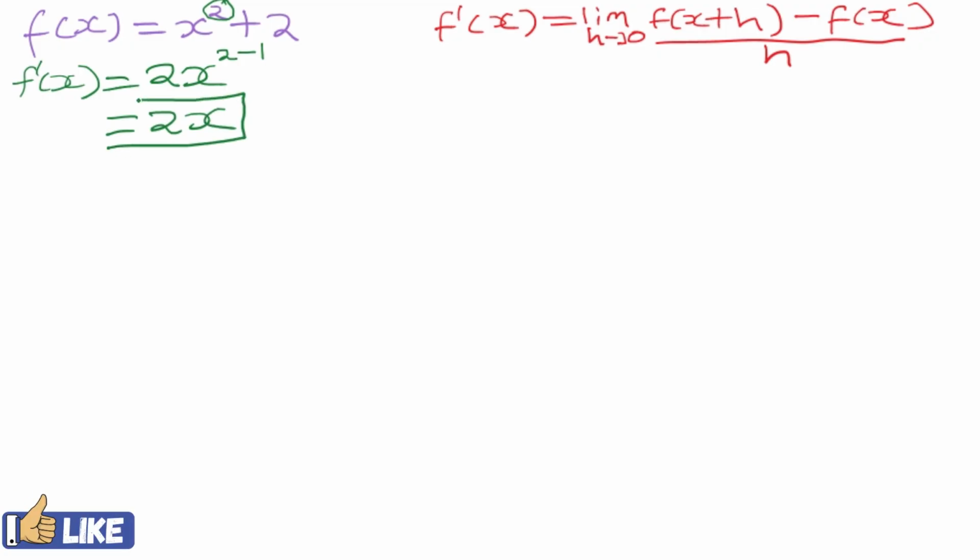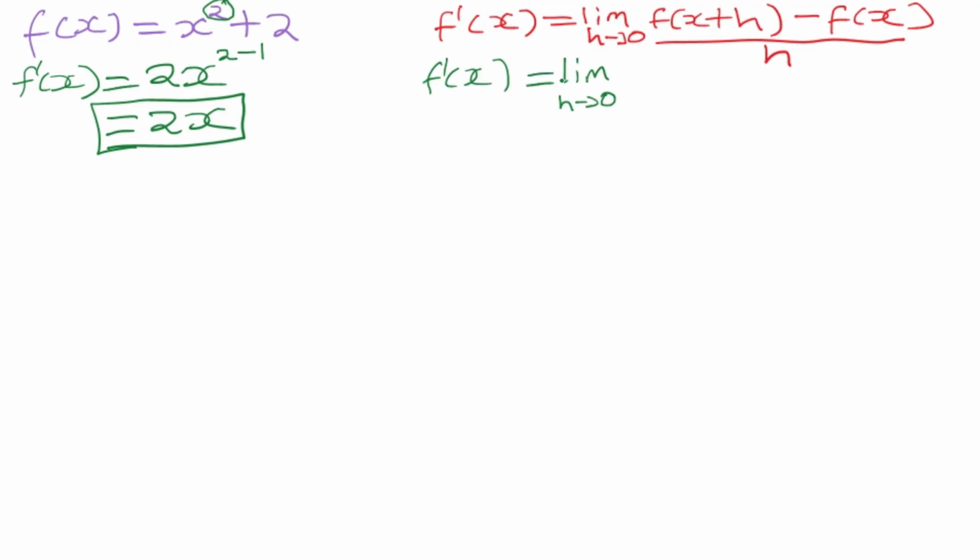So now that you have got this 2x, you know that when you use the first principle, the answer that you must get at the end should be equal to 2x. All right, so this is the first principle. Now when you look at this, normally you are going to have f of x, but in this case you are having f of x plus h, so this x plus h represents x.